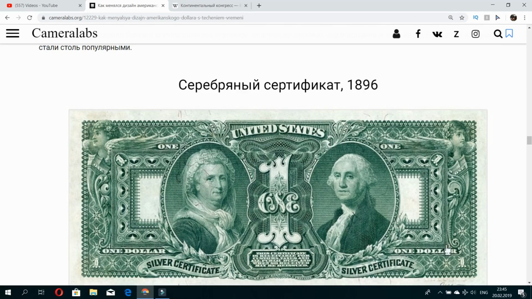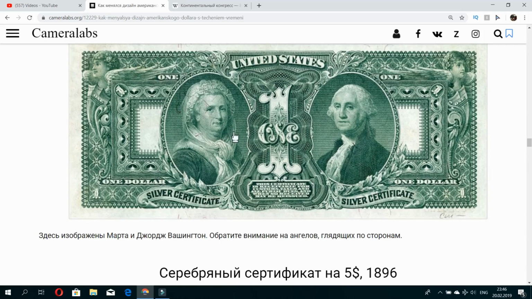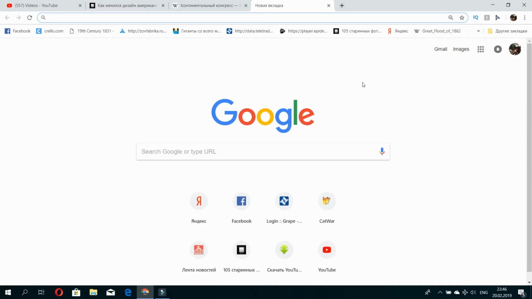Okay, so this is the silver certificate of 1898-96 with George and Martha Washington on the same banknote. Also we have this, I think this looks like the Gamma-Yun bird. Let me show you.